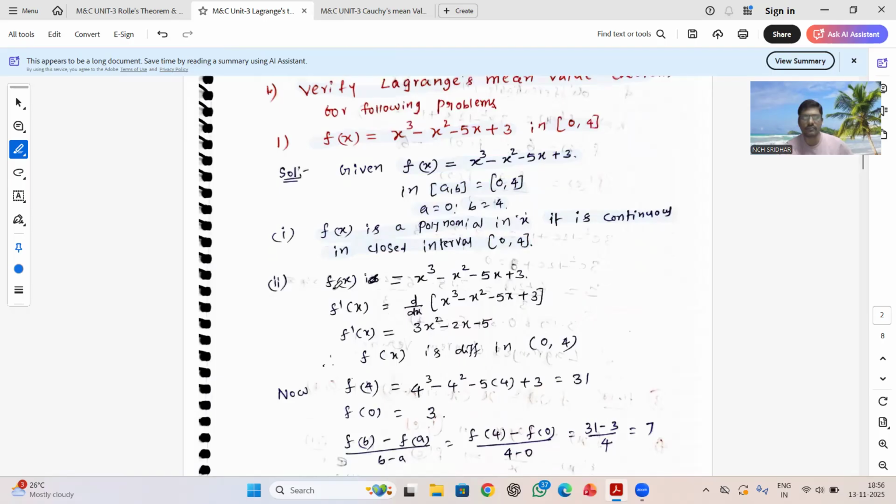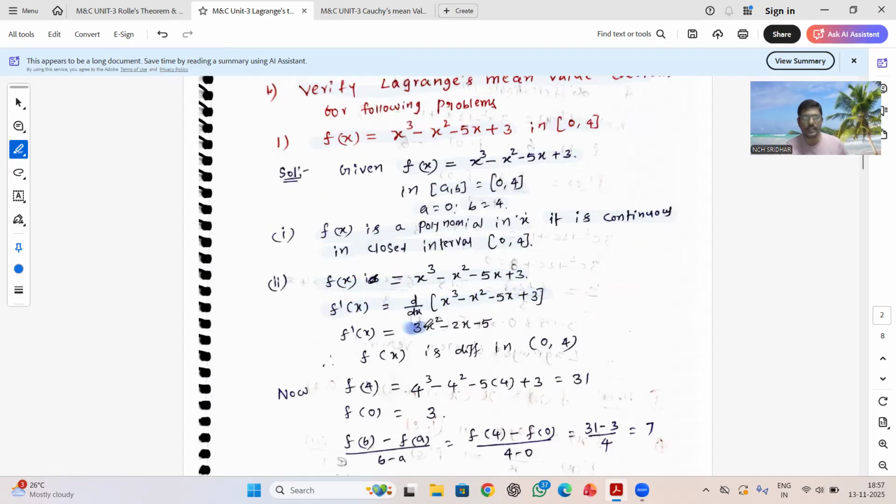Now to check if it is differentiable or not, we need to find the differentiation. We are taking f of x is equal to x cube minus x square minus 5x plus 3. Now we are differentiating on both sides. So d by dx of f of x is equal to d by dx of x cube minus x square minus 5x plus 3.